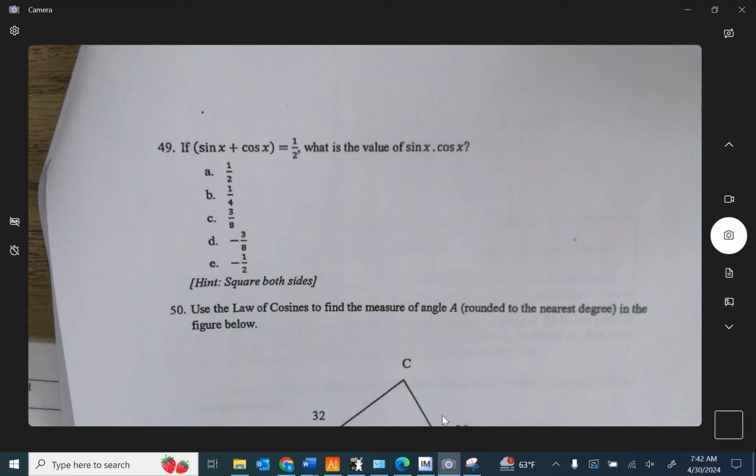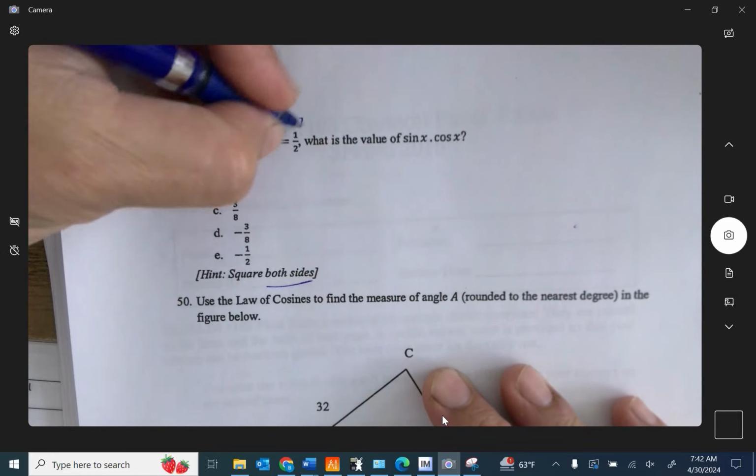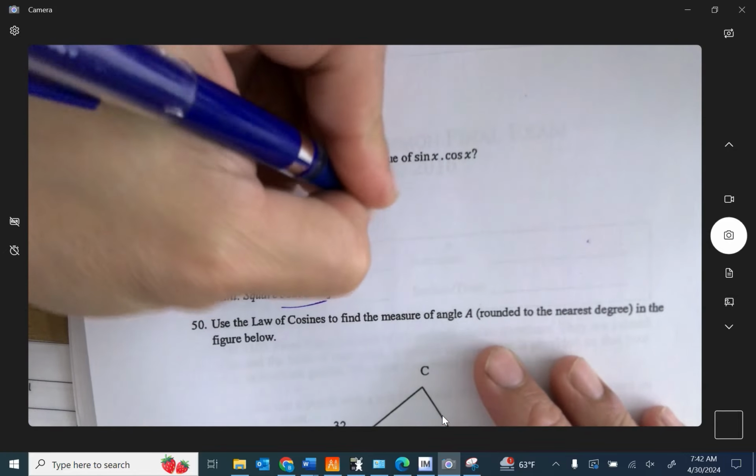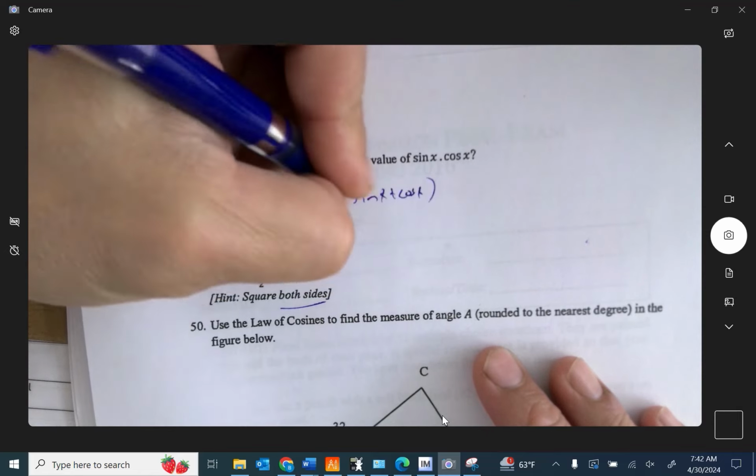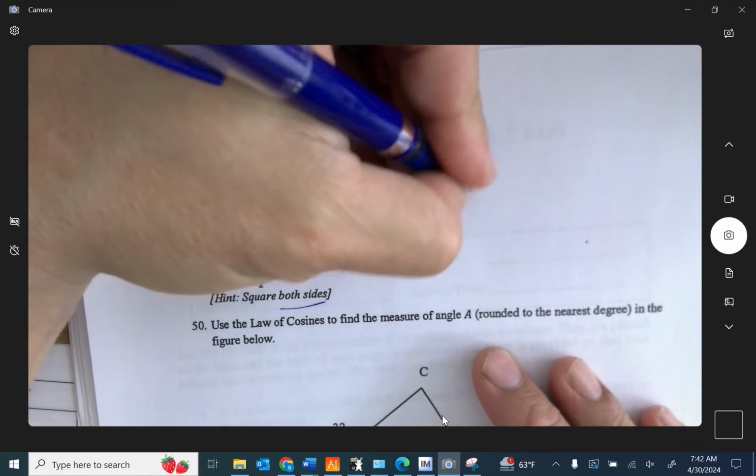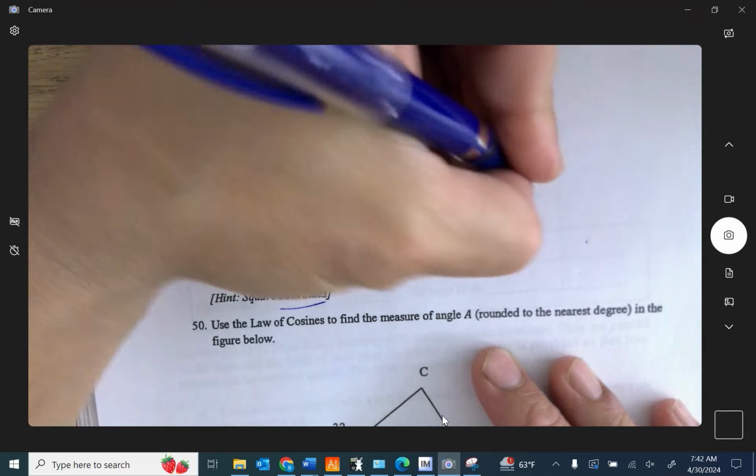What should we do? Pretty cool. Oh, they gave us a hint. Square both sides. Trust the hints. So sine of x plus cosine of x times sine of x plus cosine of x is a quarter.